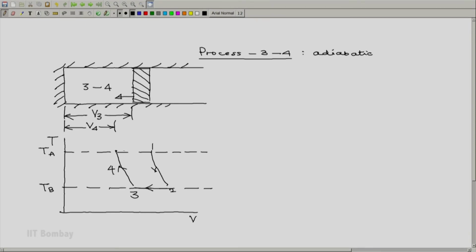At 4 the temperature is TA or just slightly less than TA. Things will be clear when we look at the fourth process. So we have now looked at 3 of the 4 processes in a Carnot cycle.